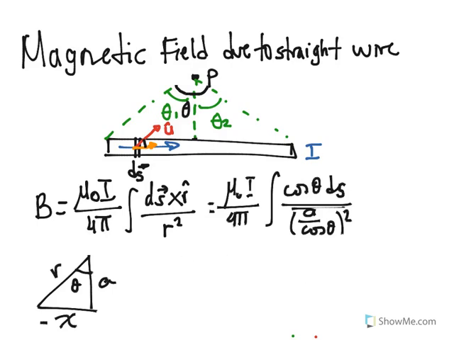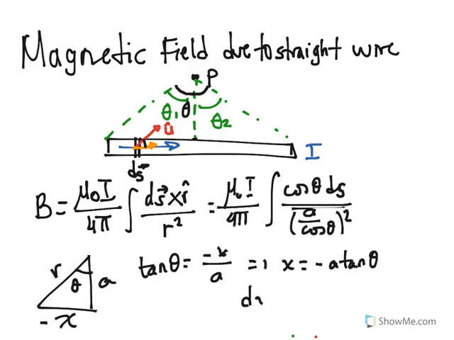In this case, we can say that the tangent of theta is equal to minus x over a, or in other words, x is equal to minus a tangent of theta.